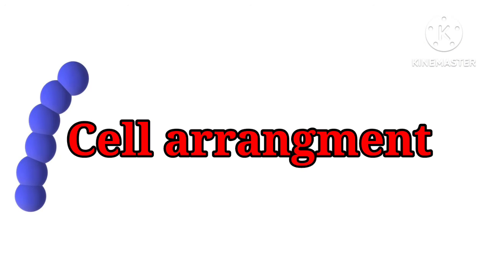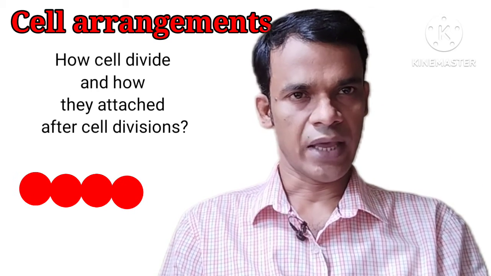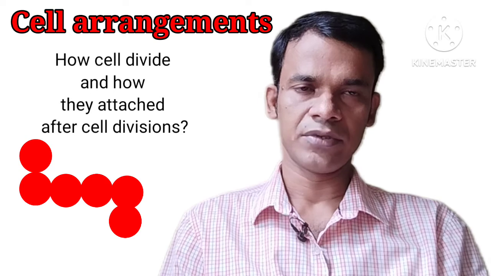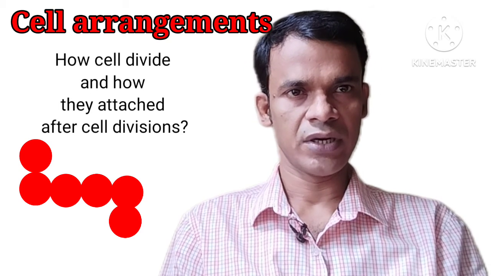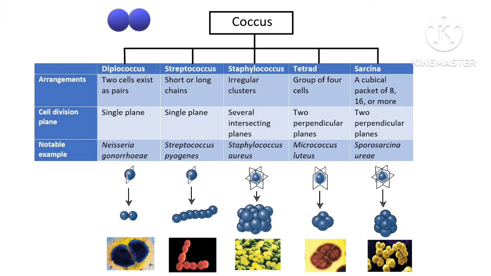Bacterial cells can also be categorized according to arrangements or style of grouping. The main factors influencing the arrangement of a particular cell type are its pattern of division and how the cells remain attached afterward. The greatest variety in arrangement occurs in coccus. They may exist as singles or in pairs or in tetrads or in irregular clusters or in short or long chains.